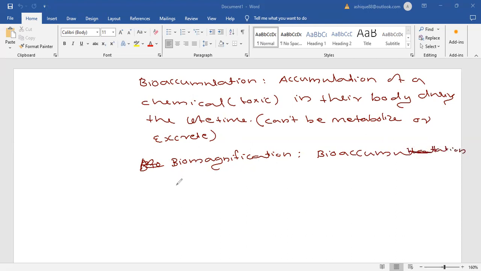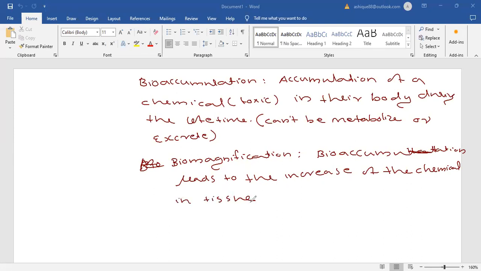Bioaccumulation can lead to an increase of the chemical in tissues at successively higher trophic levels.